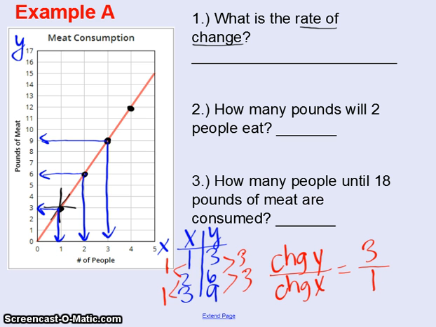Okay, so my rate of change, I've got it, but I got to put labels on it. The y represents pounds of meat. And the x represents number of people.